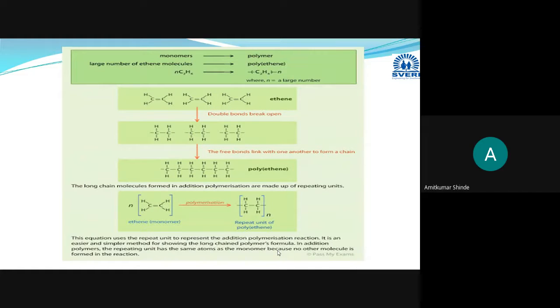Now, this is the addition polymerization. You can see here, this is for polythene. This is the formation of polythene from the ethene monomer. Now the ethene monomer will be like this.